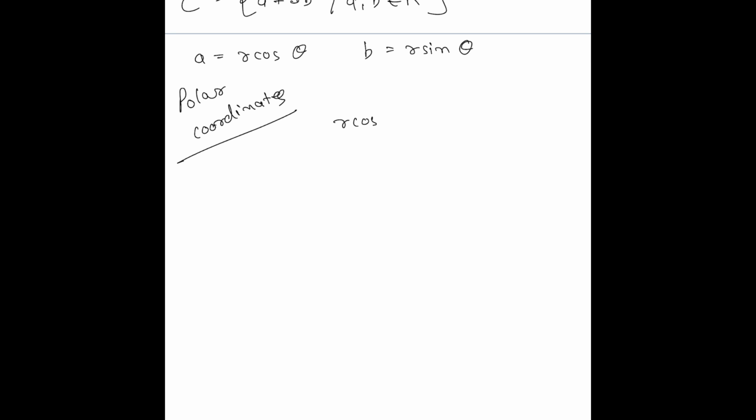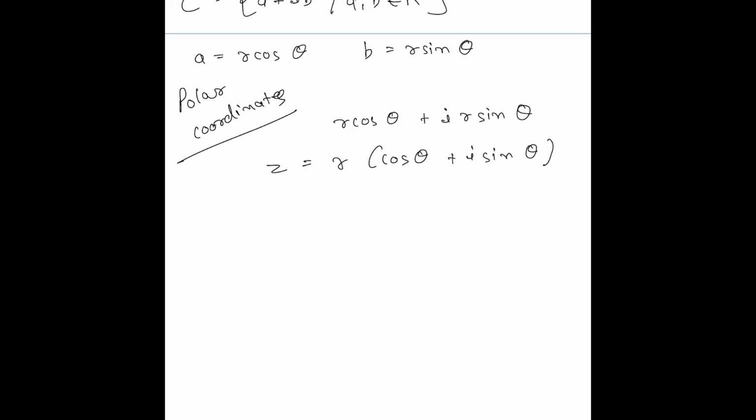In complex numbers, another basic idea is we can go with a Cartesian plane. In that we will assume a is equal to r cos theta and b is equal to r sin theta. If we want to write the complex number in polar coordinates, we will write r cos theta plus i r sin theta. Taking r in common, we get r(cos theta plus i sin theta).